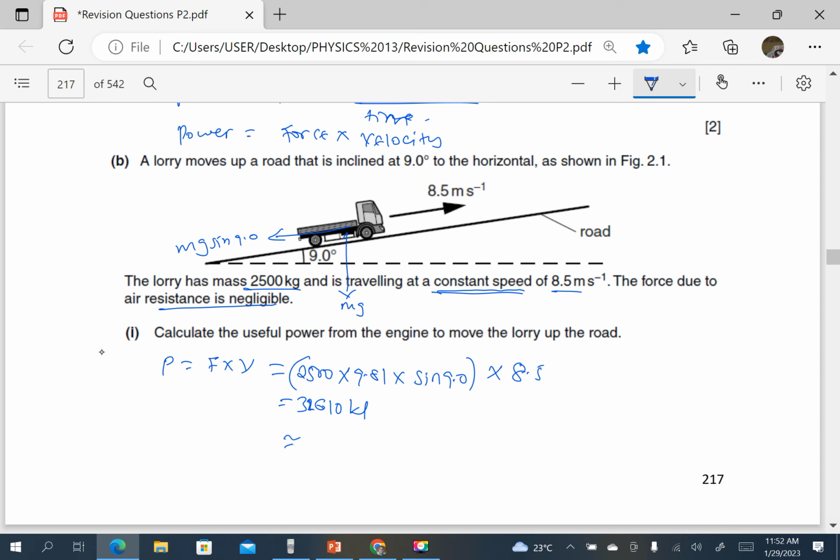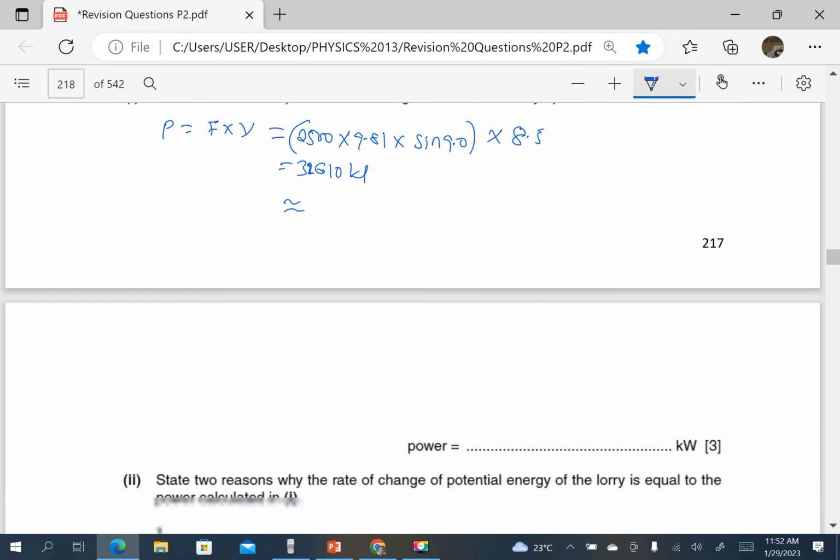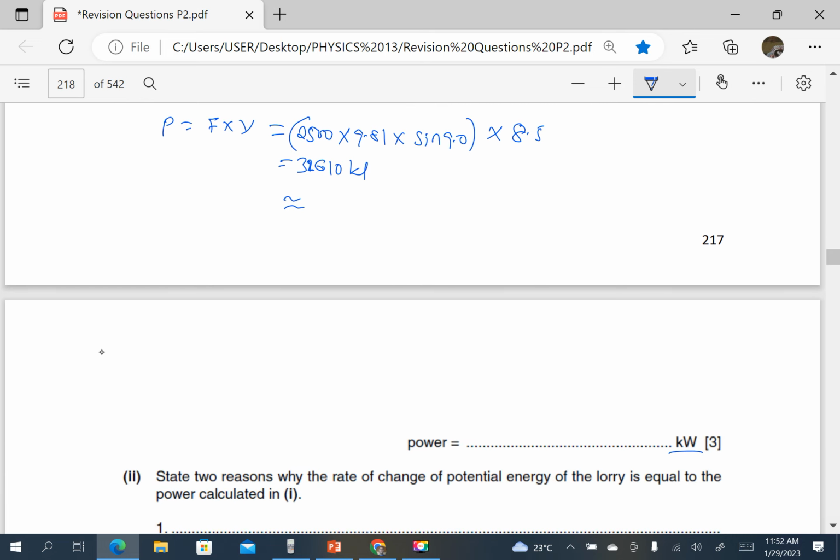Since they want the answer in kilowatts, we divide by 1000, that is 32.6 kilowatts, which is approximately 33 kilowatts.